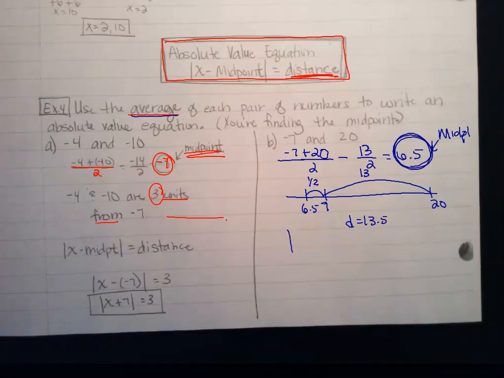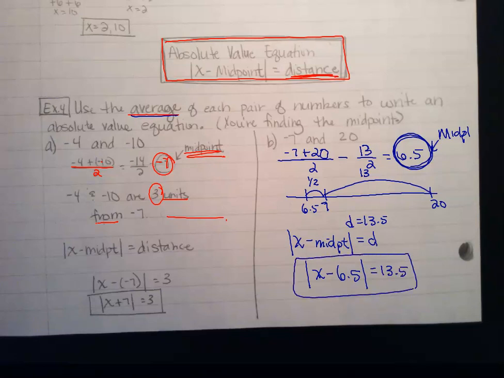If we go back to that formula, the absolute value of x minus the midpoint equals the distance. So Cheyenne, what's my equation? It would be absolute value x minus 6.5 equals 13.5.